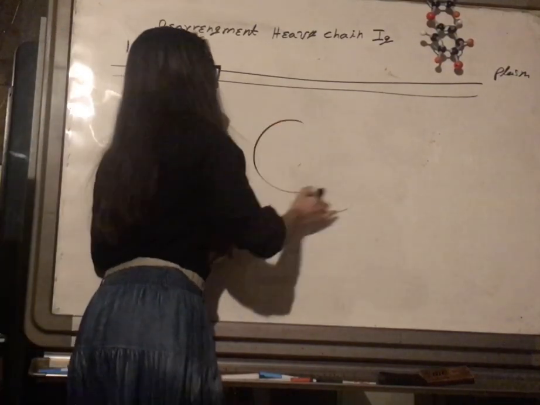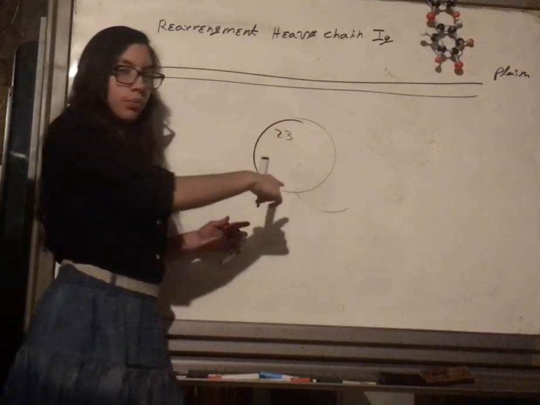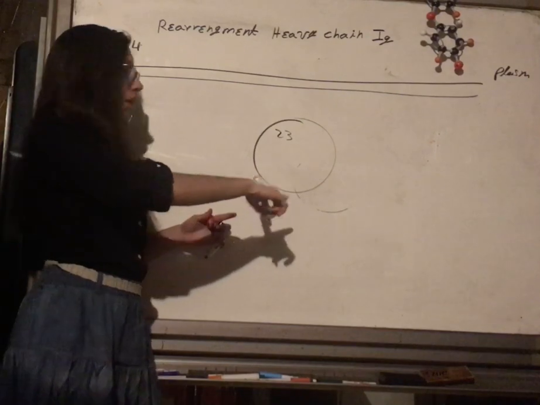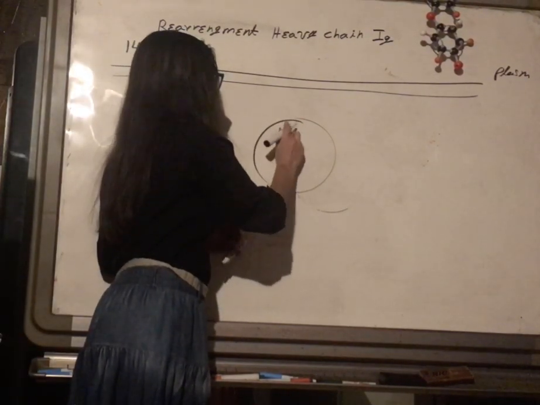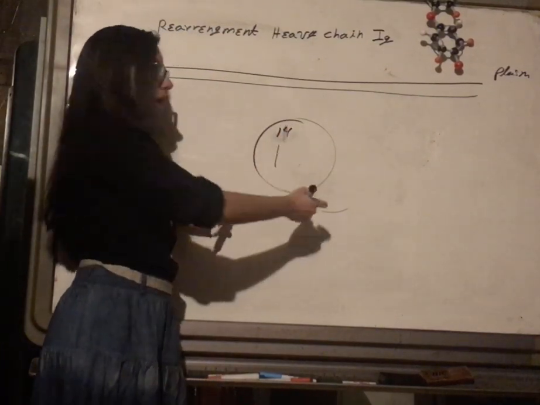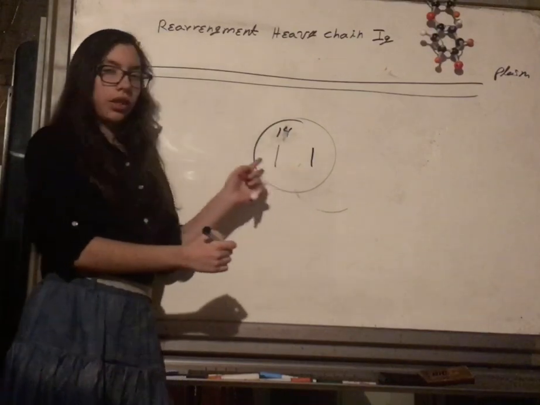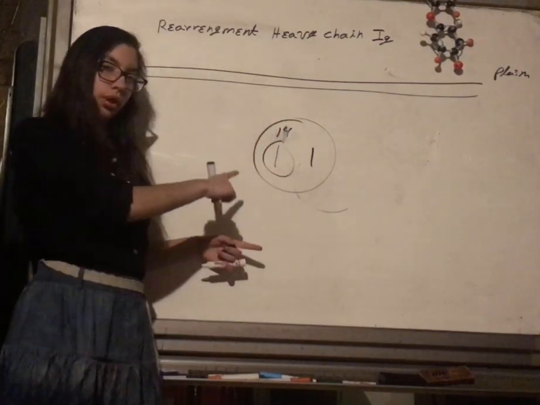So here is the cell, and we know that we have 23 pairs of chromosomes, but I'm not going to put the 23. I'm just going to put the number 14 chromosome, and we have the paternal chromosome and the maternal chromosome. I'm just going to pick one chromosome.